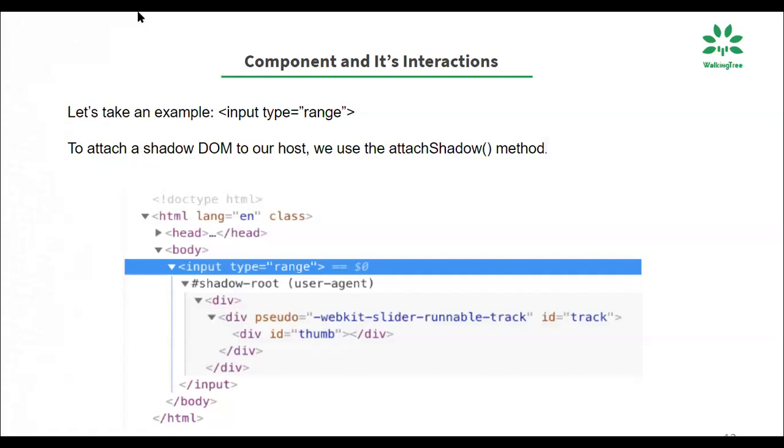Suppose for all those requests we want to give some header values. For example, we have a session token, and we want to check the session token and put it as a bearer token in the request headers.